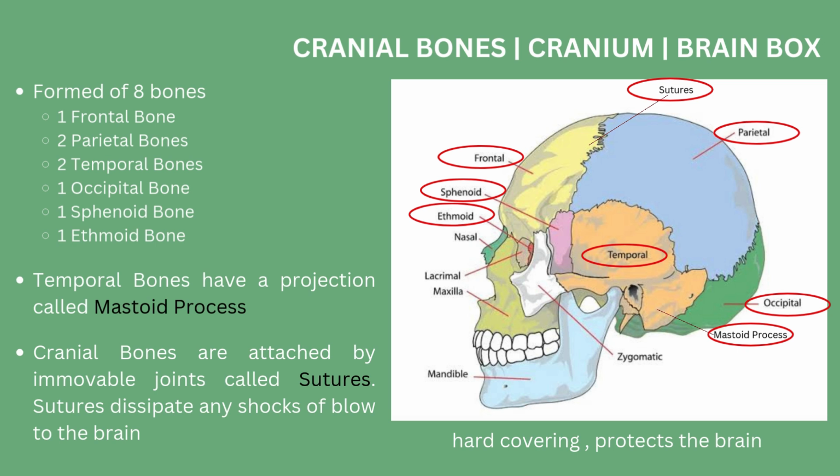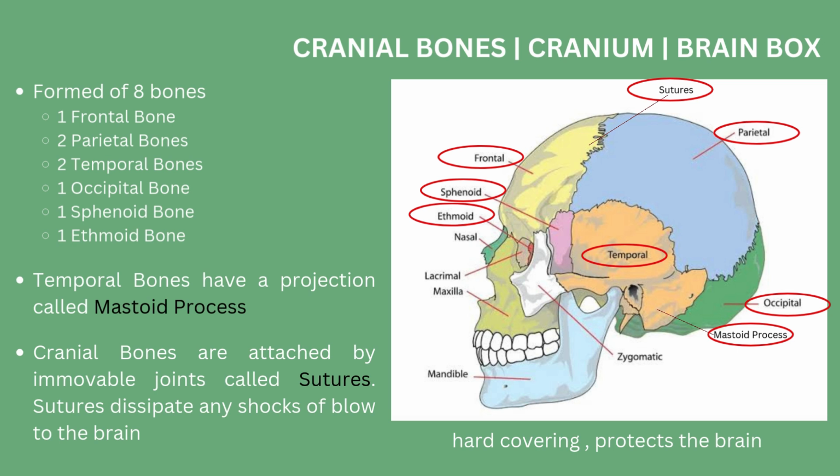Now, these cranial bones are joined by immovable joints which are known as sutures. Sutures tightly connect the bones of the skull, and one key function of these sutures is to dissipate the shock of a blow to the brain, acting just like the gaps in a bridge.